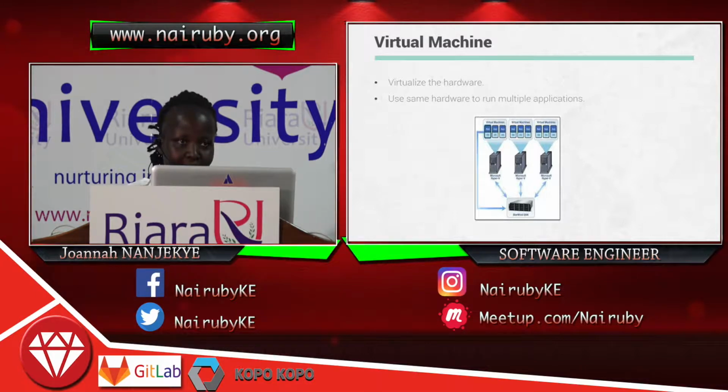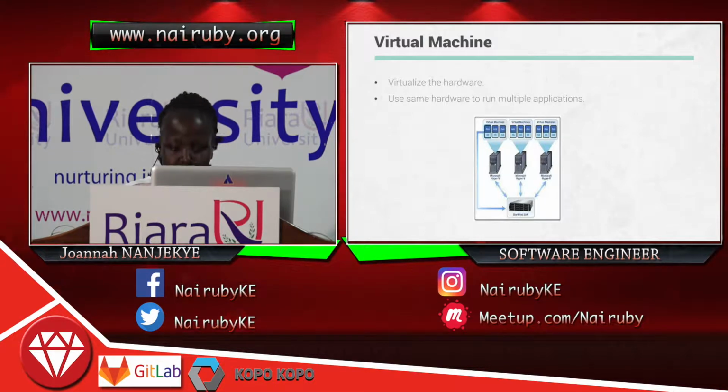In that case, you'll have solved one problem. Your applications will be able to run independently. You may not have interference in the libraries of the installed applications because you have separate operating systems, which is very good. But this setup also has a problem.